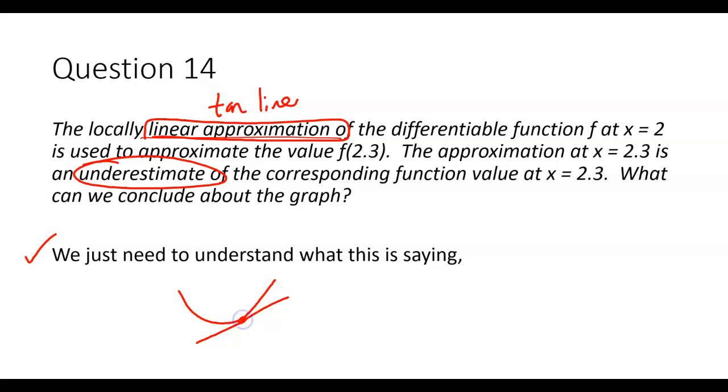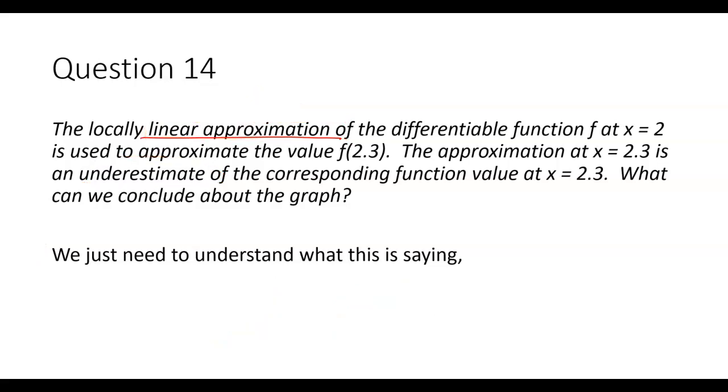Anytime the tangent line is under the curve, then you've got an underestimate. Now, if your tangent line is above the curve, that would be an overestimate. Your tangent line is bigger, or higher, I should say. All right. So this question is really just asking you to discern the fact that if your tangent line is an underestimate, does that mean that your function is concave up or concave down?